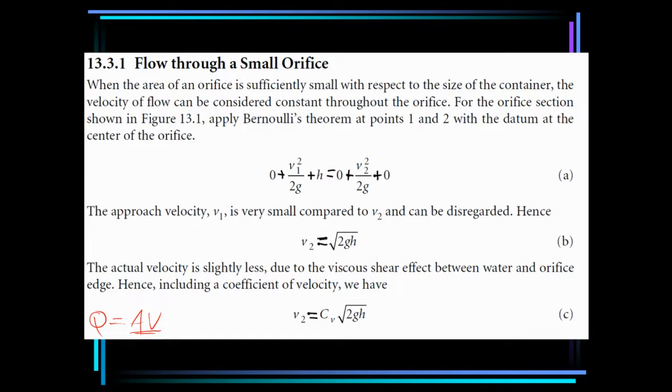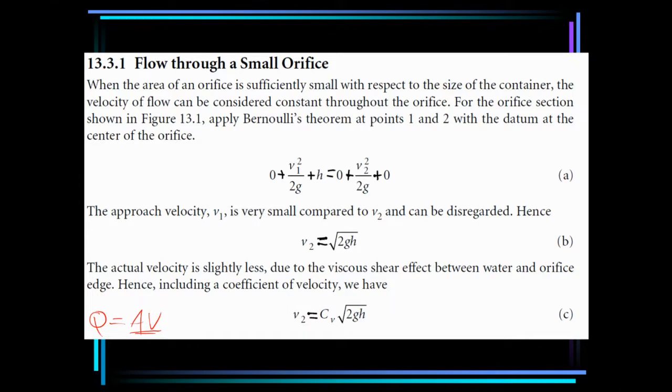So when the area of an orifice is sufficiently small with respect to the size of the container, the velocity of flow can be considered constant throughout the orifice.